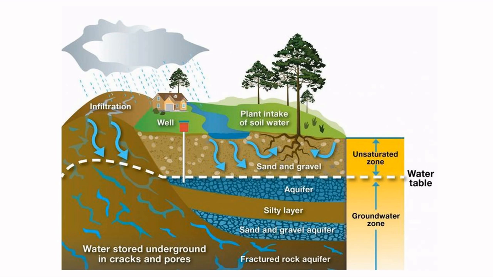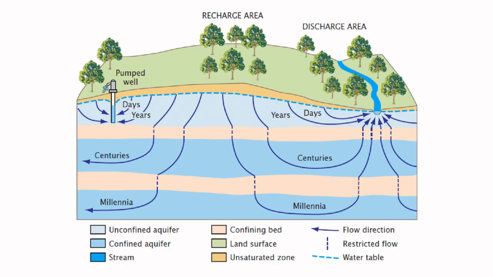On the other hand, there are some streams that receive water from subsurface sources, and they are called effluent streams. This type of stream is normally seen in humid regions of the world.